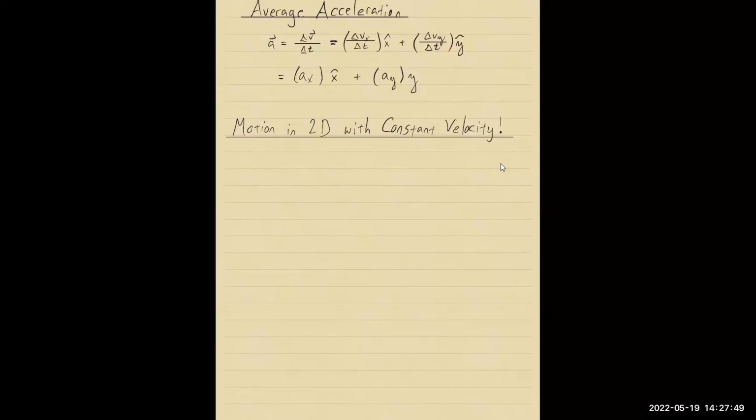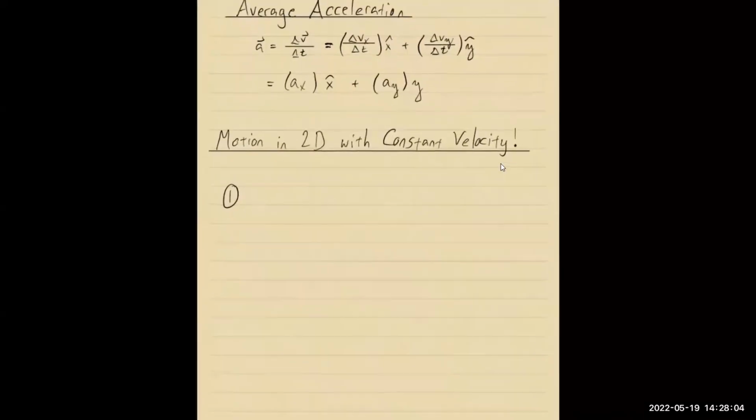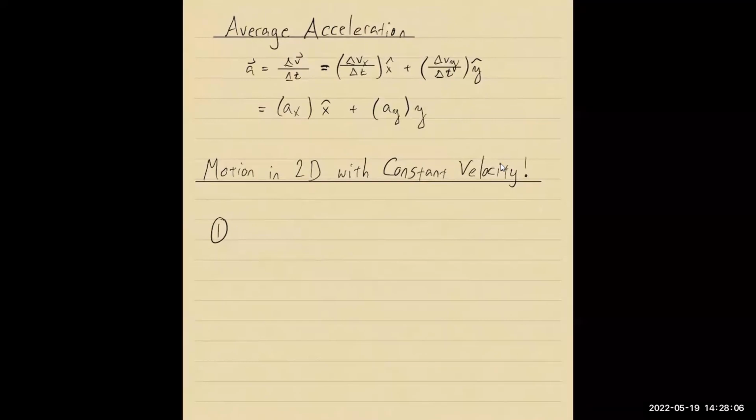We can't move in another direction without acceleration being present. So the way that we represent that in mathematics is to say that the magnitude of our acceleration vector must be 0, with units of meters per second squared.